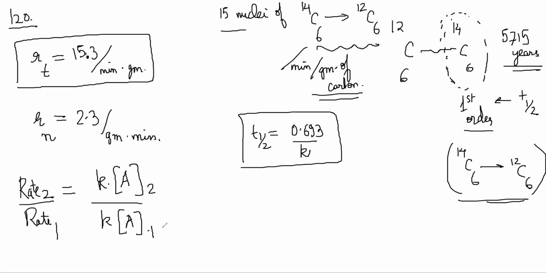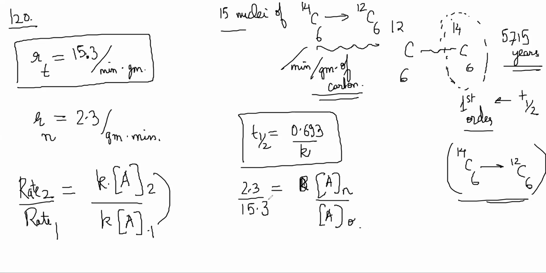So what we will have is the ratio of concentrations now, is going to be 2.3 by 15.3, right? Ratio of concentration, A new by A original, old, right?